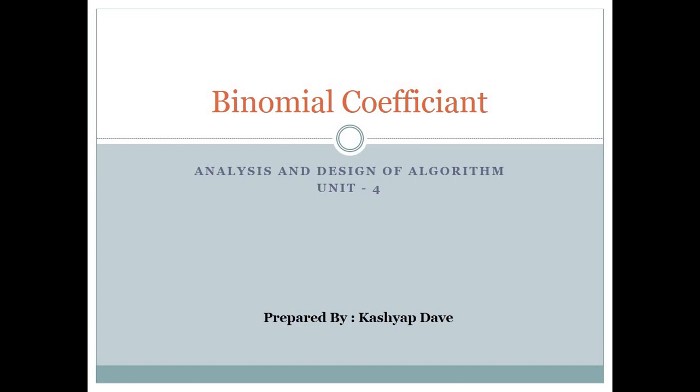In this video lecture, we are going to learn about binomial coefficient. In the previous video lecture, we have learned what is dynamic programming. So binomial coefficient will be solved by dynamic programming. Dynamic programming is not any type of programming, as we understood in the previous lecture.